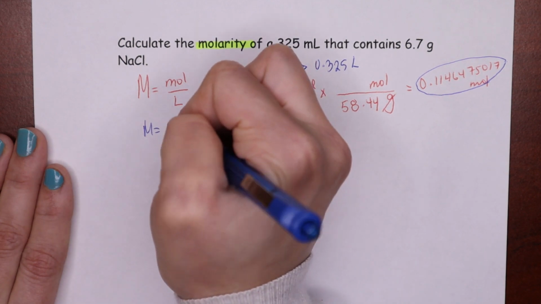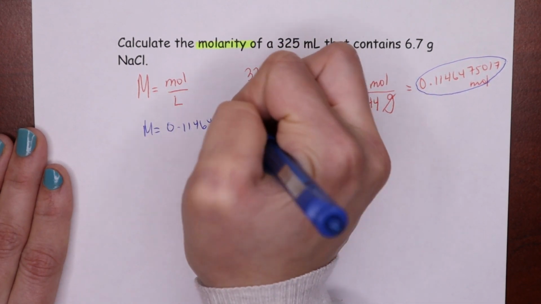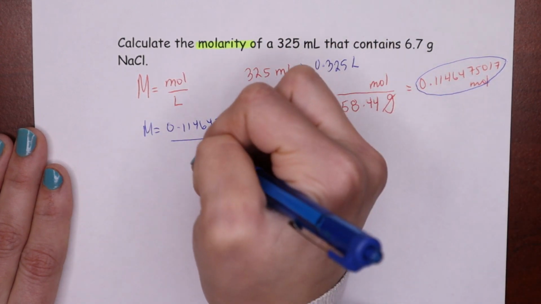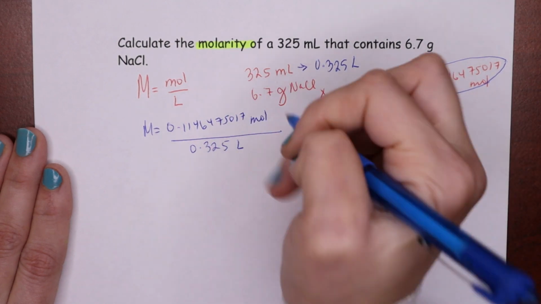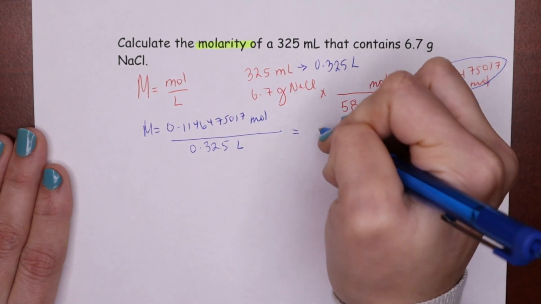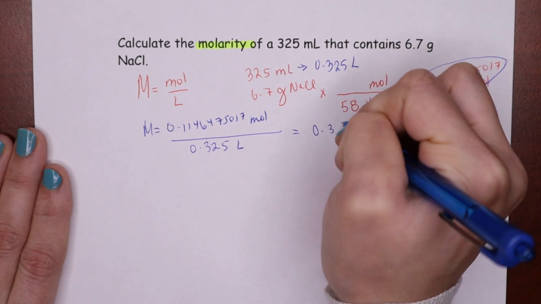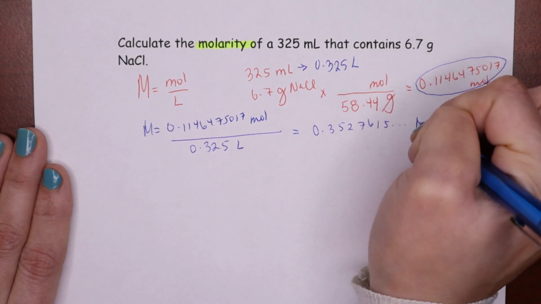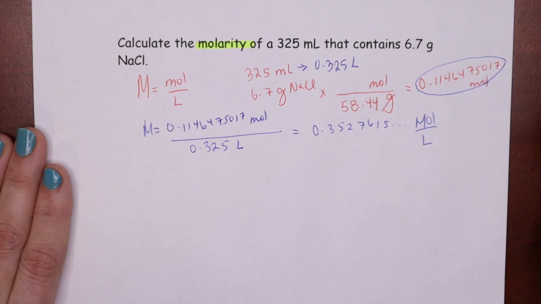We have 0.114647517 moles over 0.325 liters. You're going to plug this into your calculator, and your answer is going to be 0.3527615 and so on moles over liters.